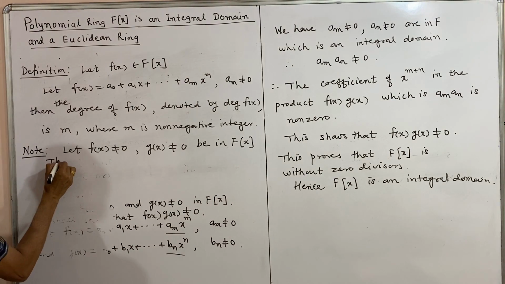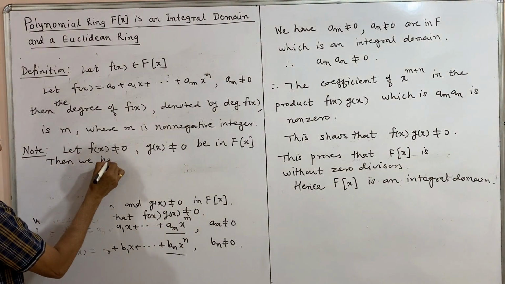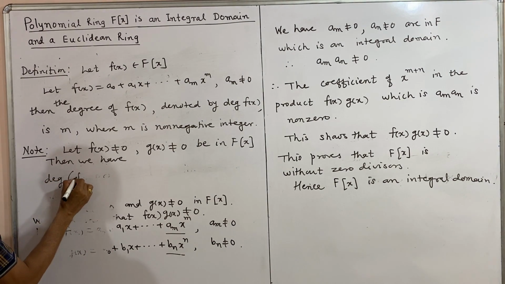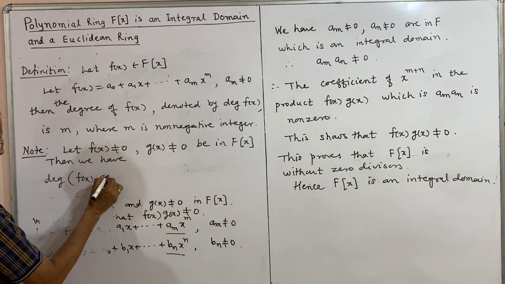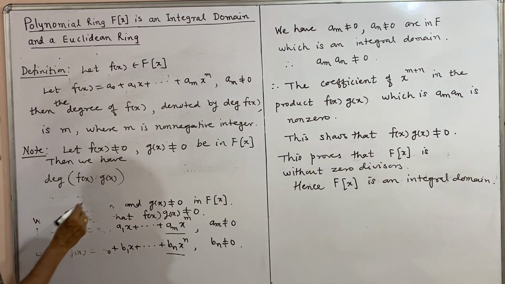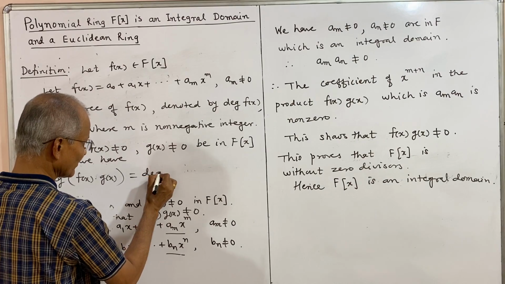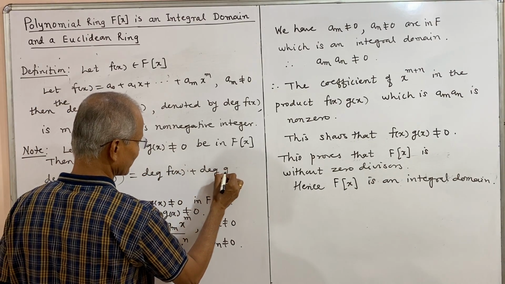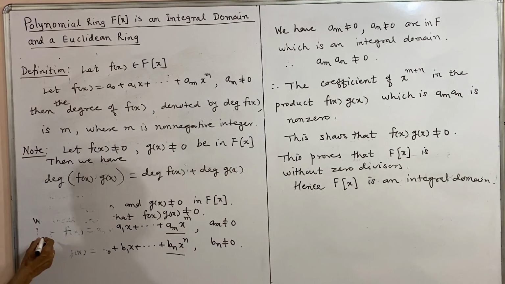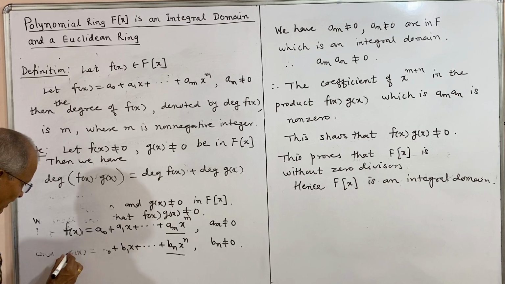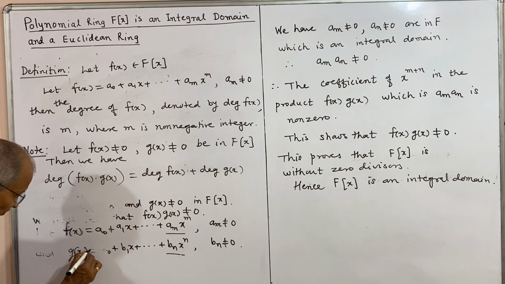Then we have the degree of the product f(x) into g(x) equal to degree of f(x) plus degree of g(x). Now this can be verified from this expression and using the definition of product.